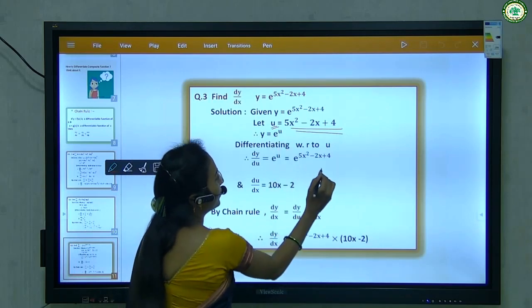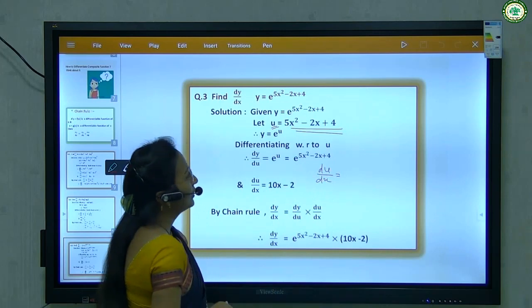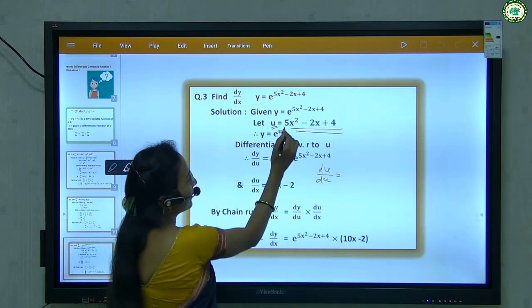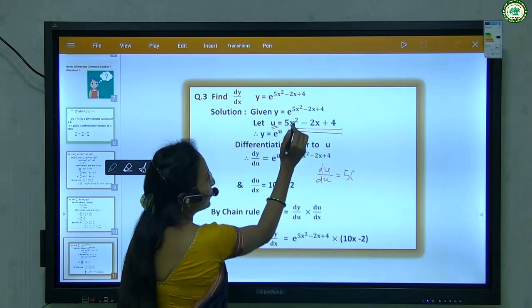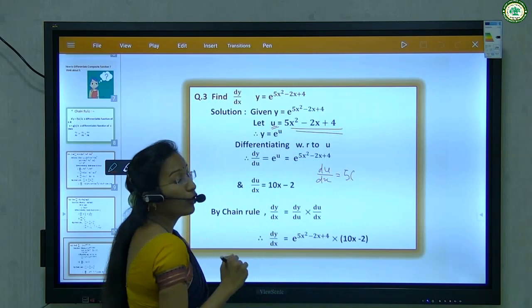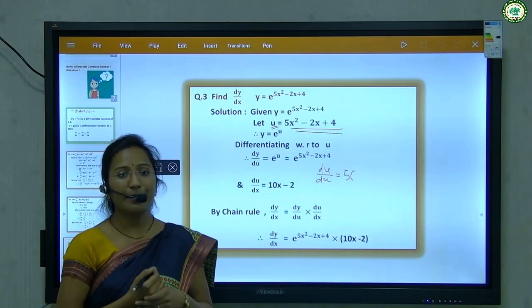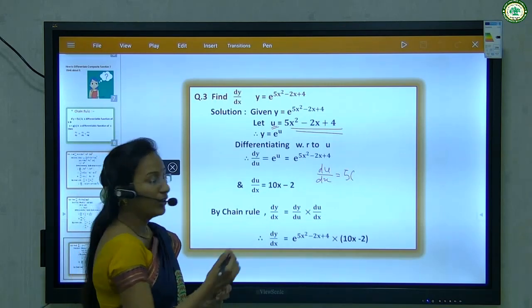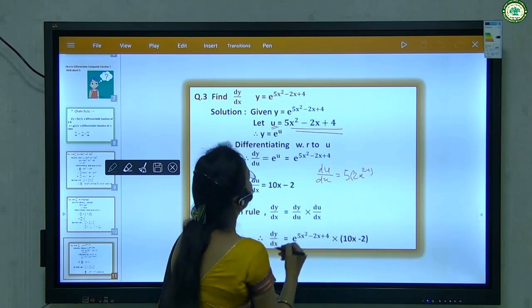The derivative of u is du by dx is equal to the derivative of 5x square. Now here we see that 5 is constant, therefore 5 as it is, into the derivative of x square. Now apply the formula of x raised to n. The derivative of x raised to n is n times x raised to n minus 1. Therefore, the derivative of x square is 2x raised to 2 minus 1.